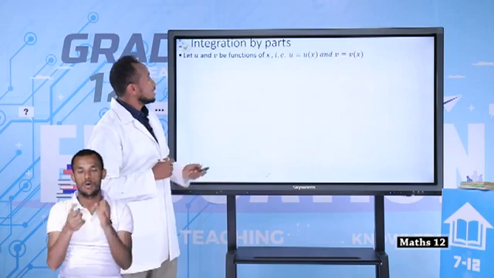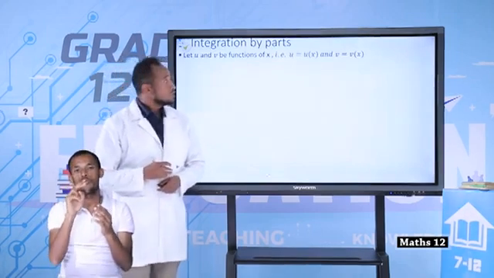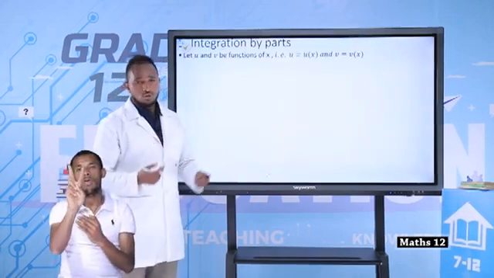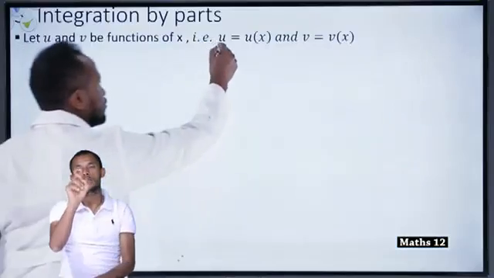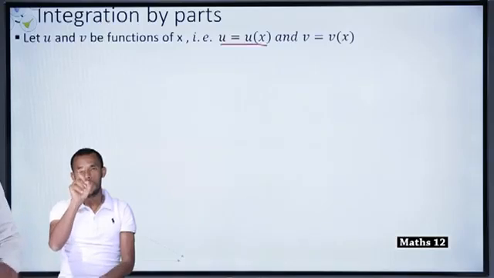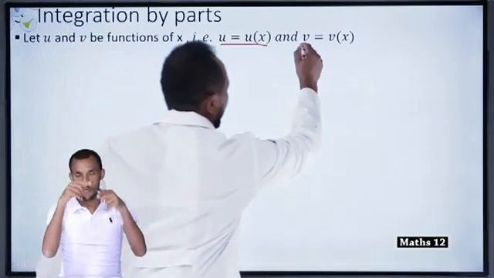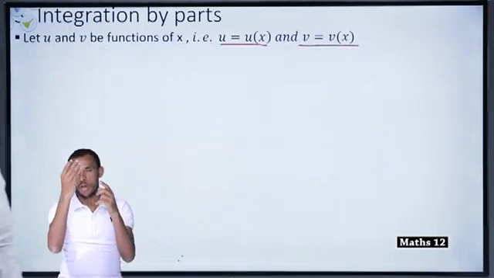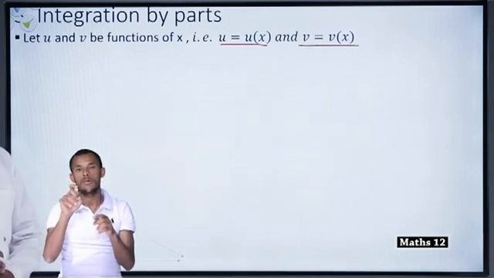So let's assume two functions here, u and v, which are functions of x. Assume u to be a function u of x, and v to be a function v of x.